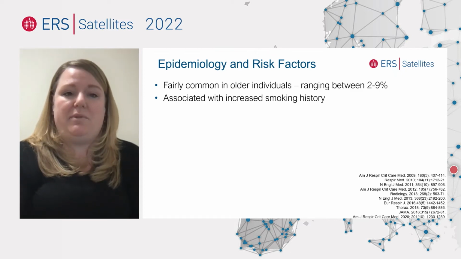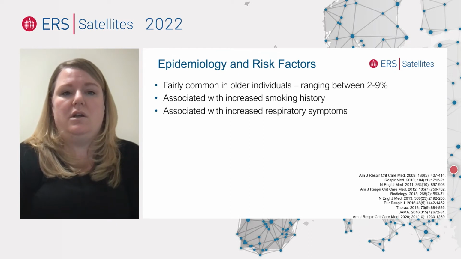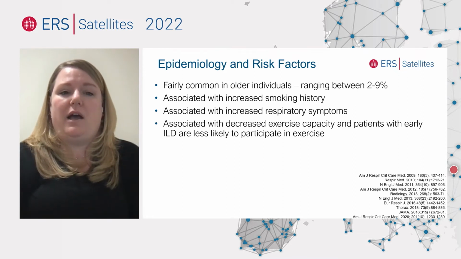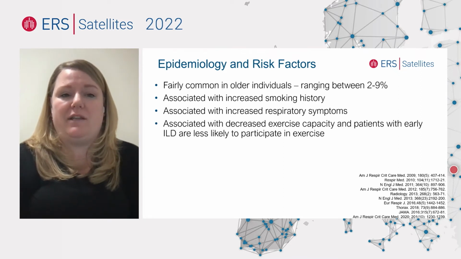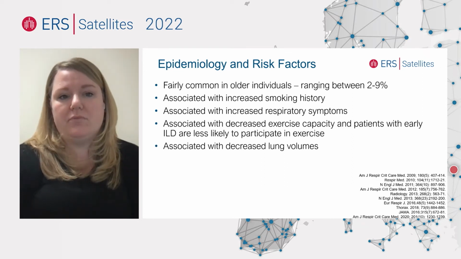We know that it's associated with an increased smoking history, an increase in respiratory symptoms, that patients, or research participants, who have these early changes have decreased exercise capacity, and they're also less likely to participate in exercise.